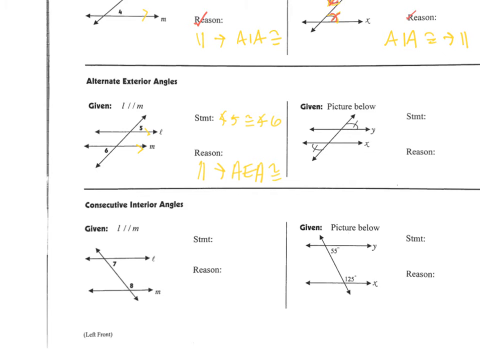And here we are switching that given information. This time, given that the angles are congruent, our statement would be that line X is parallel to line Y, and our reason is alternate interior angles are congruent, therefore implying the lines are parallel.